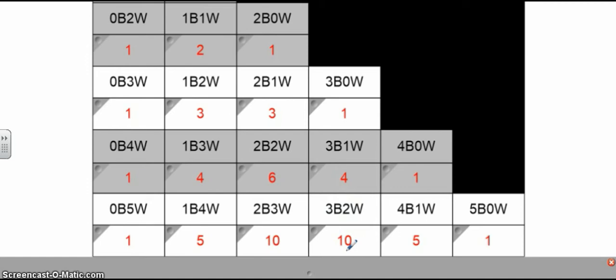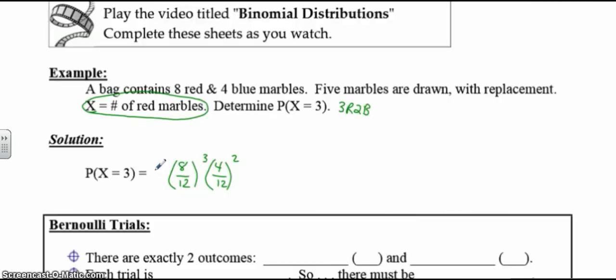It's here, the number 10. So you would have to multiply that by 10. And that works out to 80 over 243, or as a decimal, that would be equal to 0.329. So remember, fraction in lowest terms or decimal to 3 decimal places.